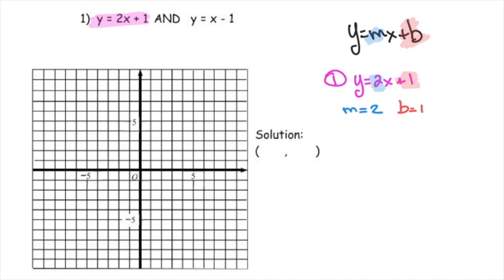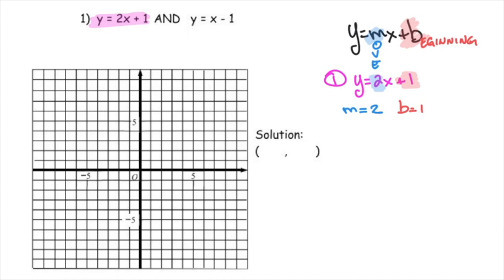So now we are going to graph it. Remember, the y-intercept b is normally what we call the beginning of a line. And the slope, which is the letter m, is normally what tells us how the line moves.